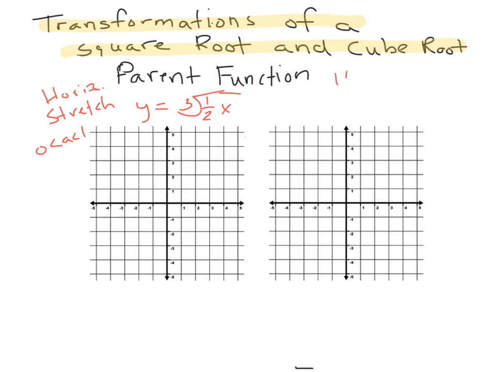And a horizontal compression, okay, is looking like this, where it's greater than 1, okay? So let's go ahead and draw those graphs. So we have a stretch horizontally, so we're stretching him horizontally, so he got skinny. And then we're compressing him, so he's going to get larger.